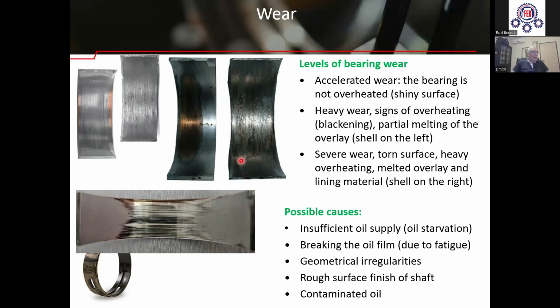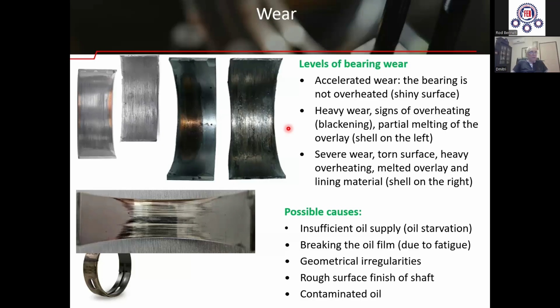The possible causes of wear. First is insufficient oil supply or oil starvation, when there is no hydrodynamic lubrication and there is a metal-to-metal contact between the bearing and the shaft surfaces. The second is breaking the oil film due to fatigue.